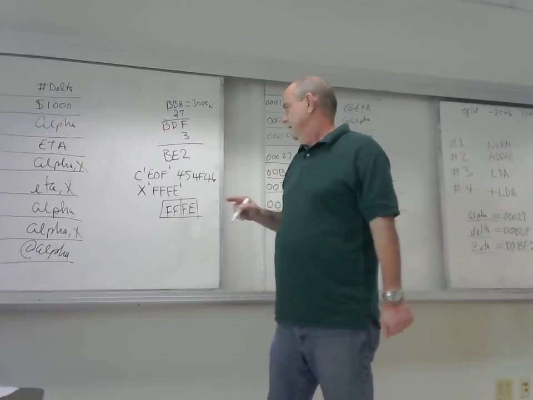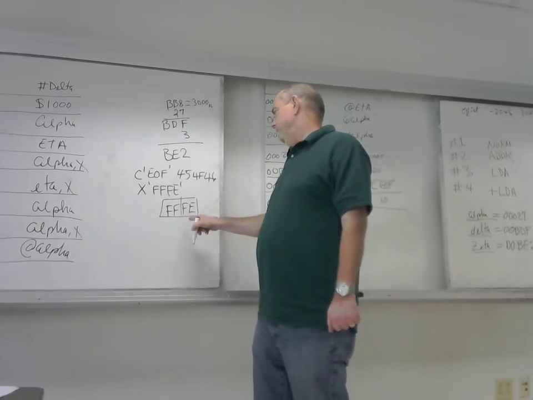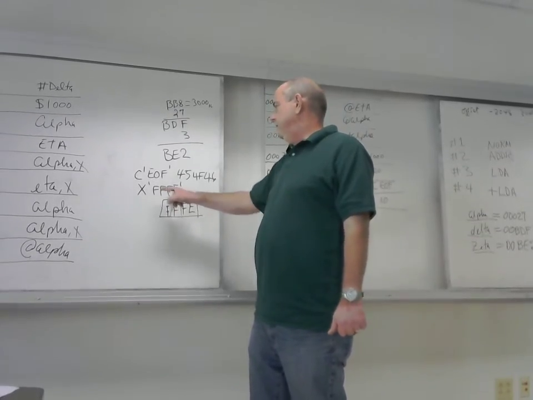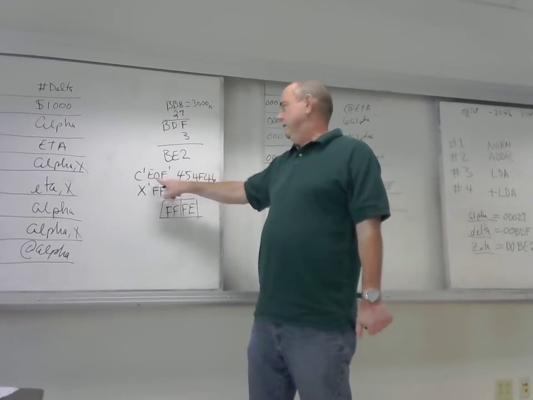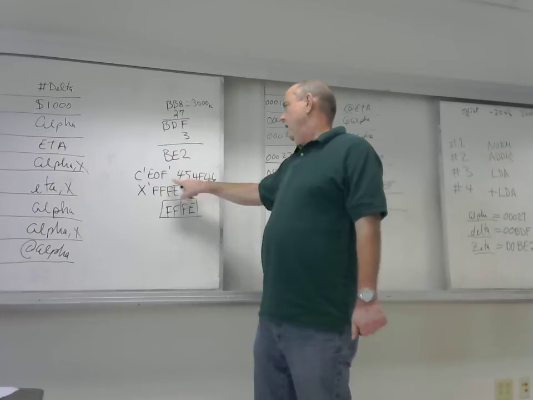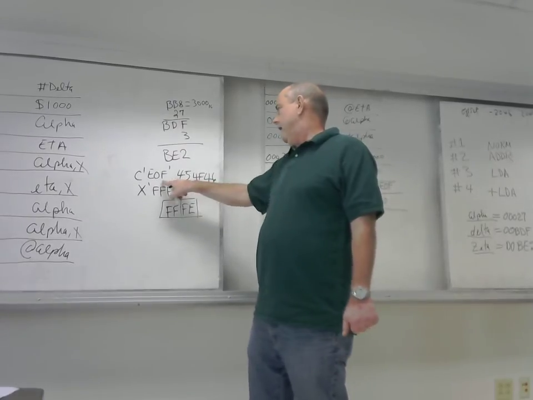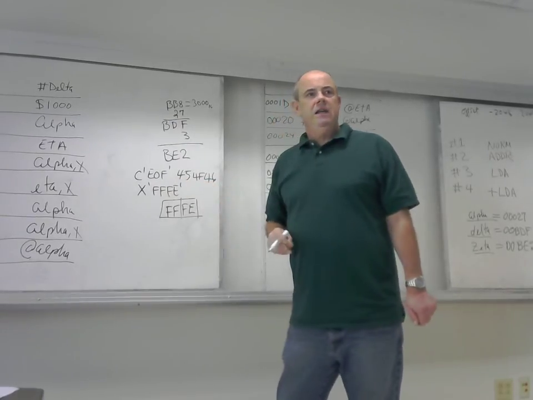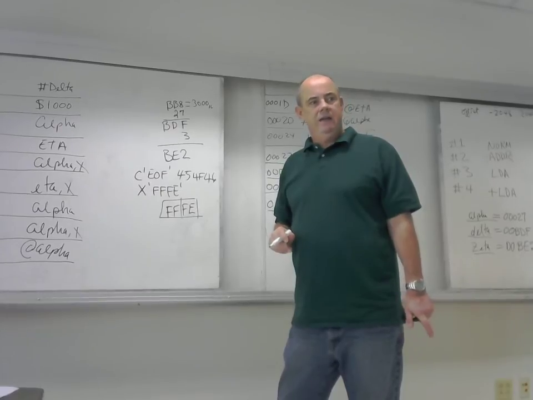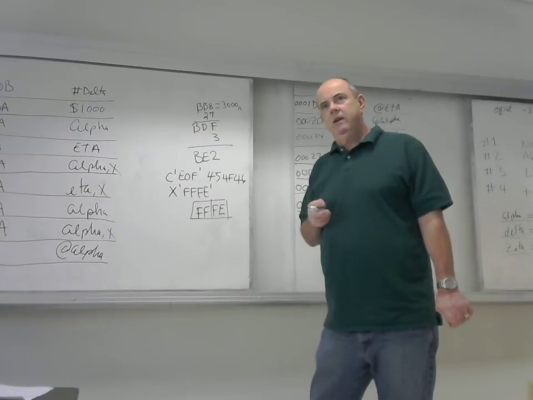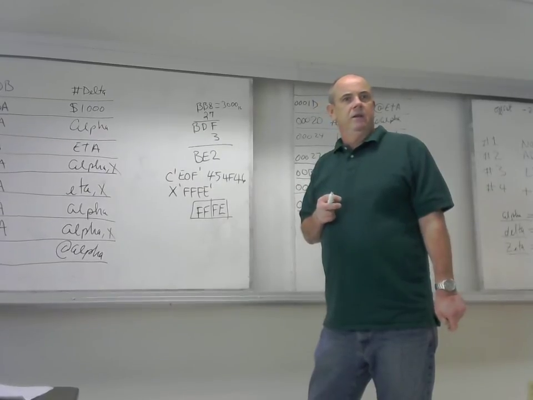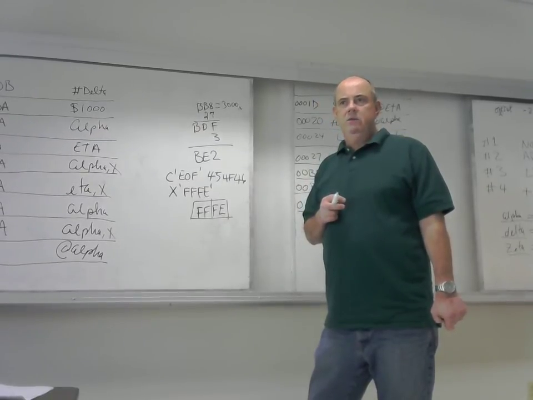Numbers. Numbers. What I suppose is confusing is this E is 45. But it's not going to put an E in memory, it's going to put 45. O for 4F, F for 46. So each character takes 1 byte. But 1 byte is 2 hex digits when we're talking numbers. Does everybody understand? Are you confused about this?